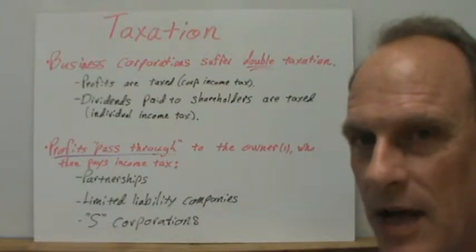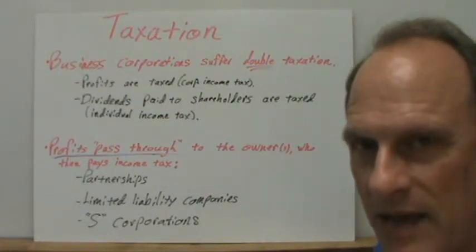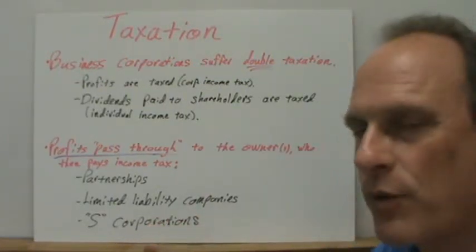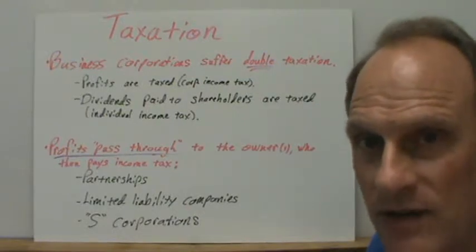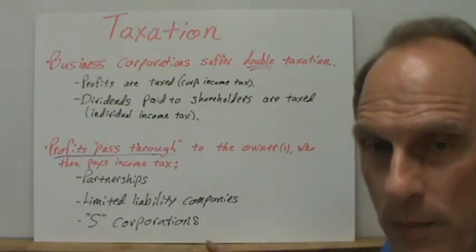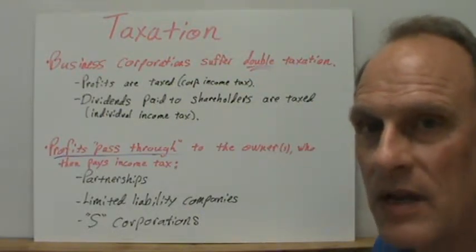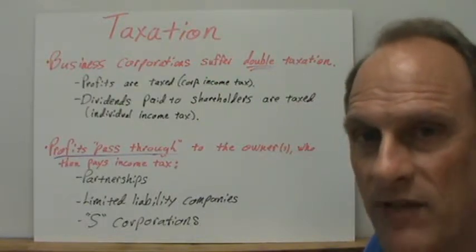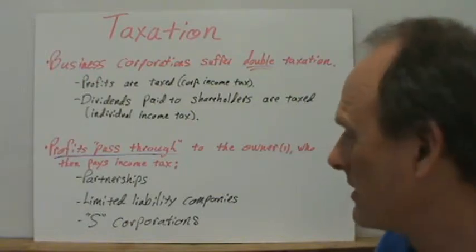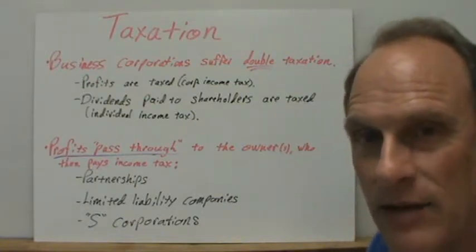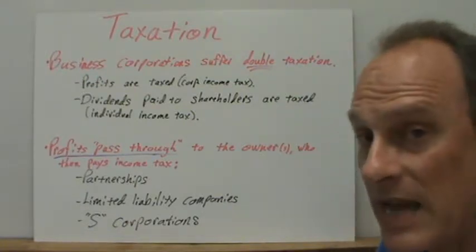Limited liability companies, the members are taxed, not the company. S corporations, if you elect to do it that way and set up a corporation as an S corporation, then the profits are passed through and applied directly to the shareholders, and they have to pay their proportionate share of taxes.